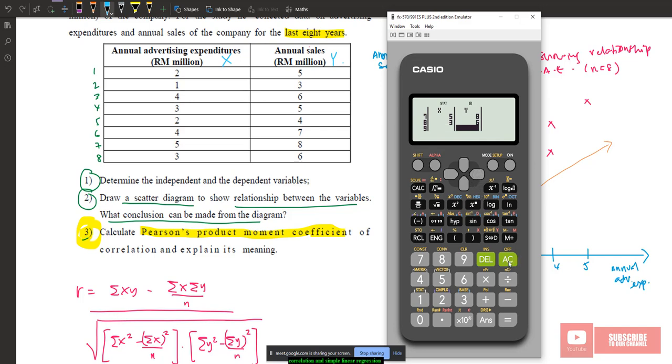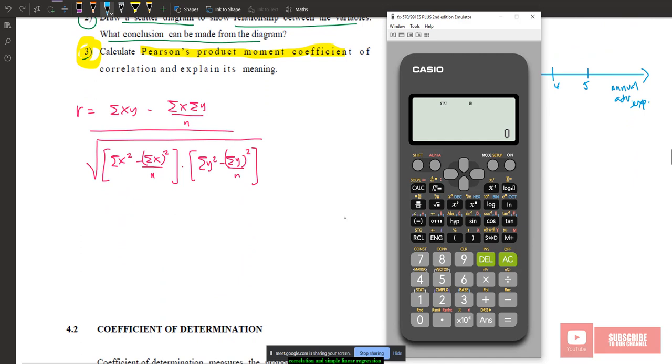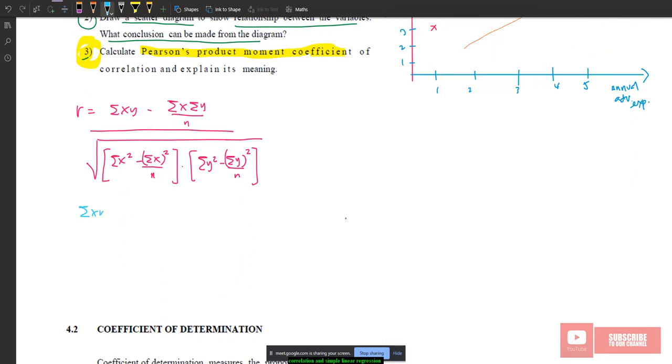So we click on AC. Now we want to find the value of summation of xy, summation of x, summation of y, summation of y squared, summation of x squared, and the last one is n.